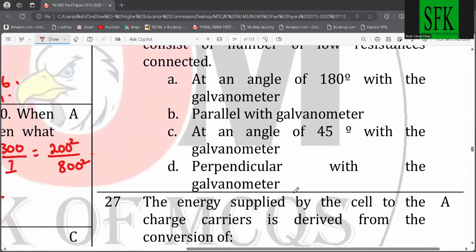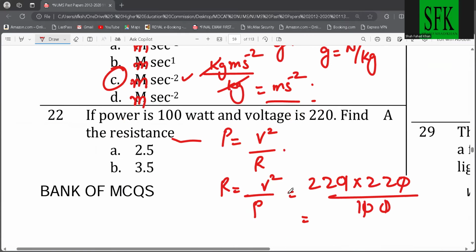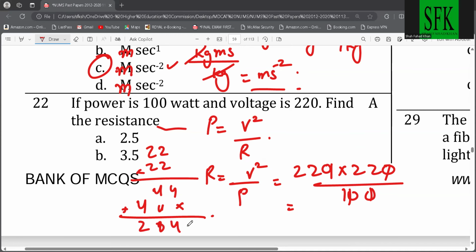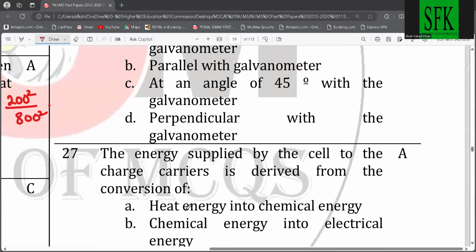Wait, why are they giving answers in point form? Never mind, 22 into 22 should be, let's calculate it, 484 ohms.